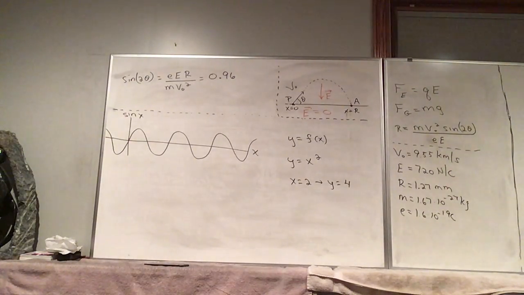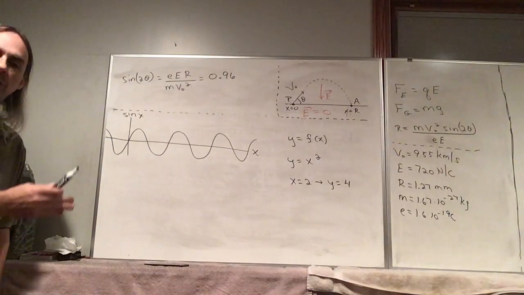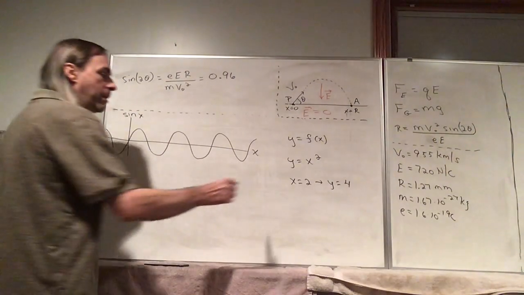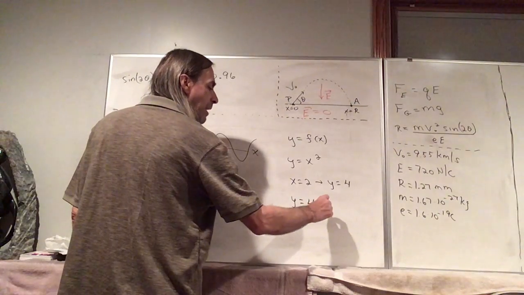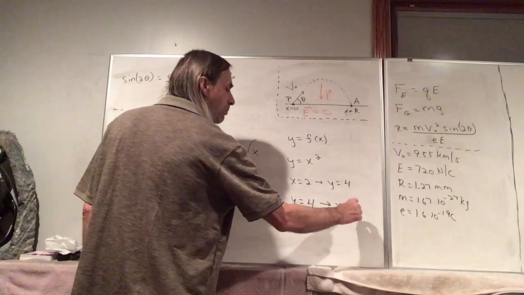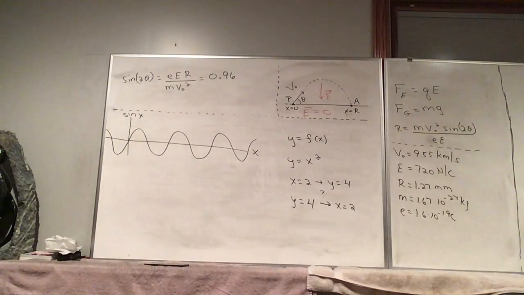Now the inverse function undoes that. Let's take this example. If I tell you what x is, you know what y is. If I tell you y equals 4, does that mean that x equals 2? The answer is not necessarily, because x could be negative 2.